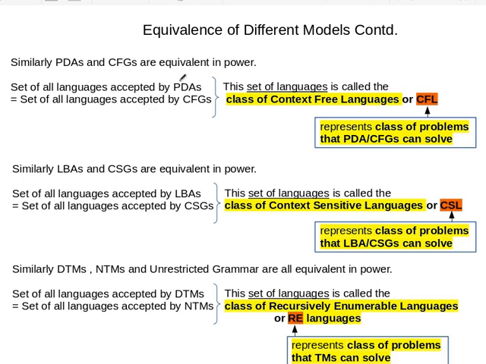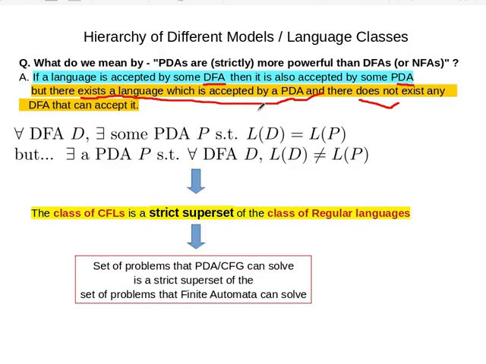The set of all languages accepted by PDAs is a strict superset of the set of languages that can be accepted by DFAs. It comes from the first property. So in that sense, the class of problems that can be solved using PDAs is a strict superset of the class of problems that can be solved using finite automata. So in that sense, PDAs are more powerful.